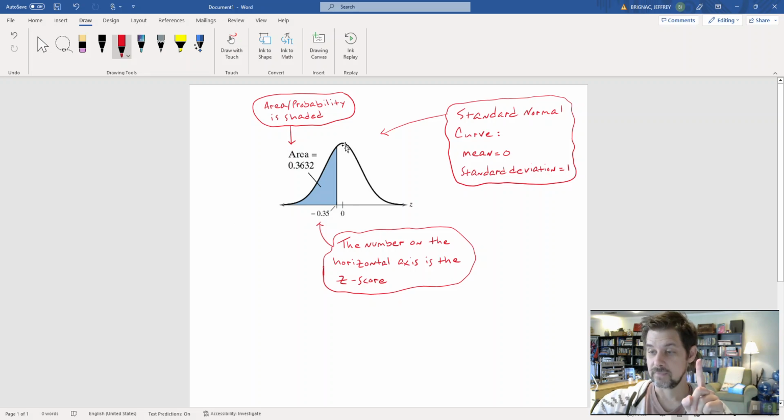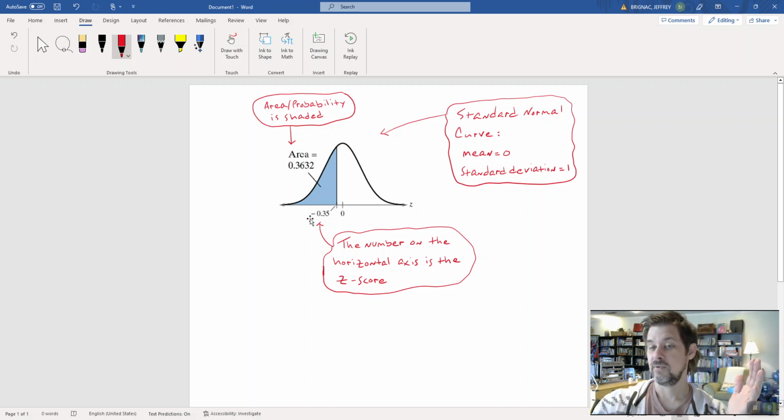That's one thing. The other associated number is the point on the horizontal axis that, if you look to the left of that on the curve, has this area. So at the point on the horizontal axis where we're at negative 0.35, the area under the curve to the left of that number is 0.3632.